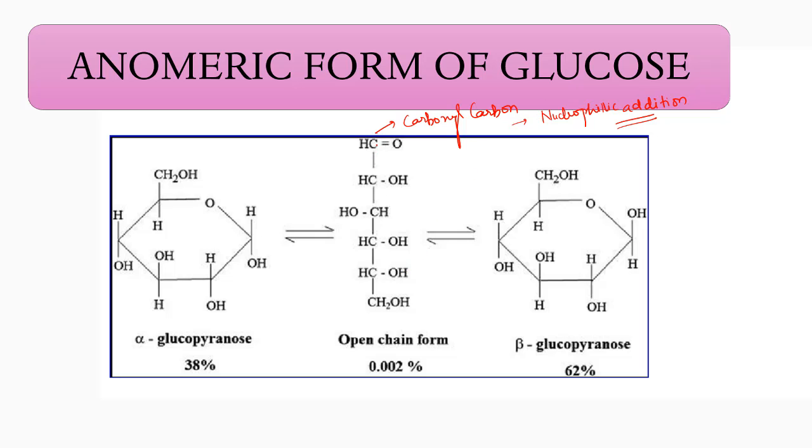So this is first carbon, second carbon, third carbon, fourth carbon, fifth carbon. So the OH of this fifth carbon will add on the first carbon. So when OH of the fifth carbon will add on the first carbon, then what will happen? The double bond will break.